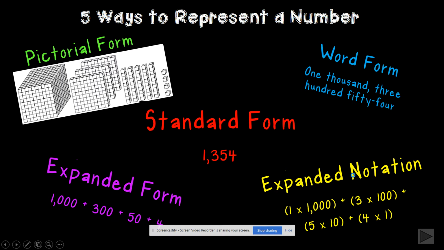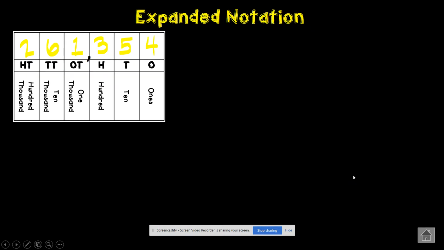And on to the last one, expanded notation. Again, expanded notation uses notation to expand out the number. So you're going to see parentheses and a plus sign with expanded notation, and you're expanding it out into groups of each value. So let's start with the largest place value, the hundred thousands place.